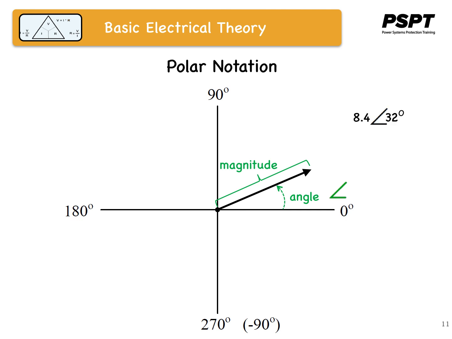For example, this particular vector, if it was going to be described, would have a magnitude of 8.4. Now, it doesn't matter whether that's inches or feet or miles, as long as you maintain this same dimensional quality. This is 8.4. And after the angle symbol, the angle is usually denoted with a small superscript 0 after the number. So this particular phasor notation is 8.4 at an angle of 32 degrees.